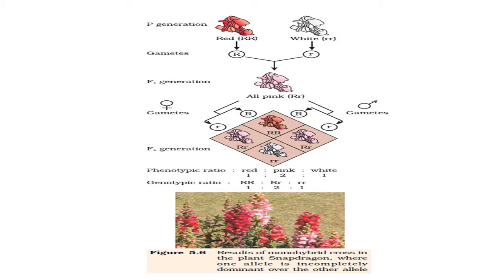Both capital R and small r show their combined effect, and that's why it is not complete dominance. Not a single allele is completely dominant over another, and that's why it is known as incomplete dominance. So in nature such types of examples are observed.